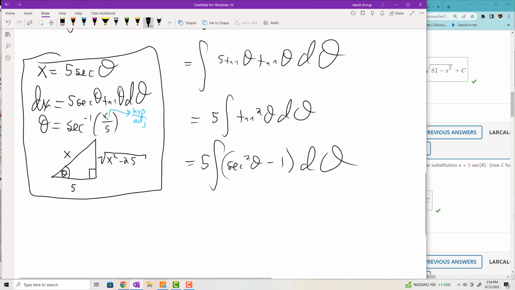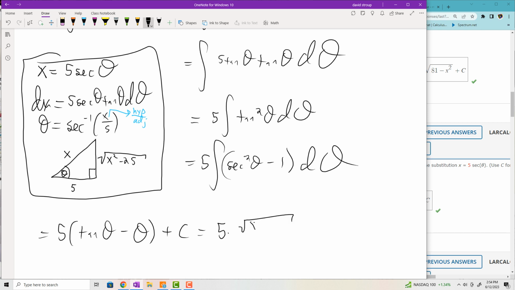So this will equal 5 times tan of theta minus theta plus c. And then we go to the triangle to convert back. Okay, so you'll have 5 times tan of theta is opposite, square root of x squared minus 25, over adjacent, which is 5. And then minus 5 times theta, which is secant inverse of x over 5, and then plus c.